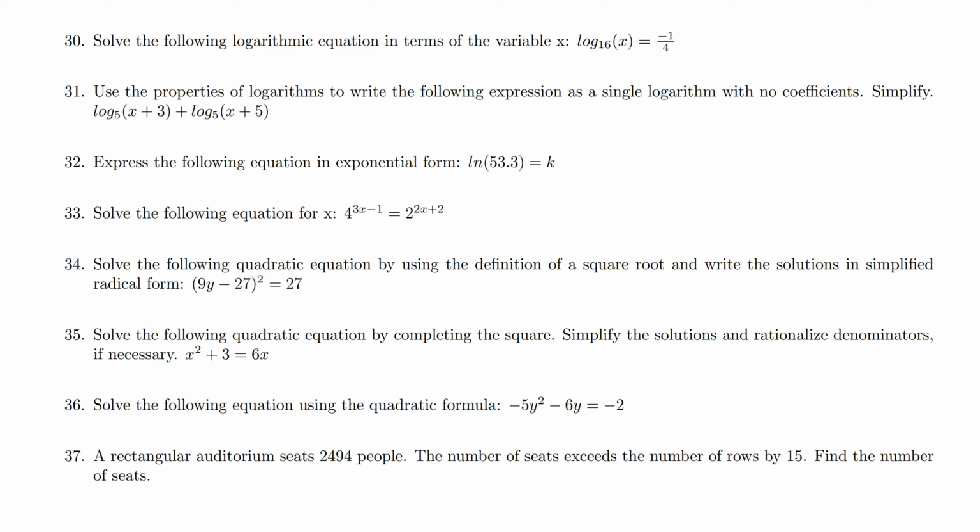All right, use the properties of logarithms to write the following expression as a single logarithm. Okay. So this will be log base 5. Now, since we're adding, this indicates multiplication. And then we can just join that together here.